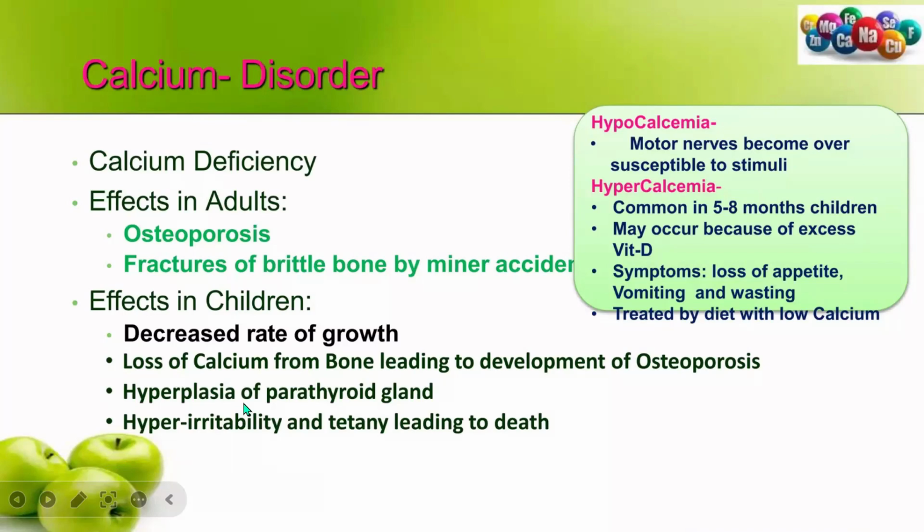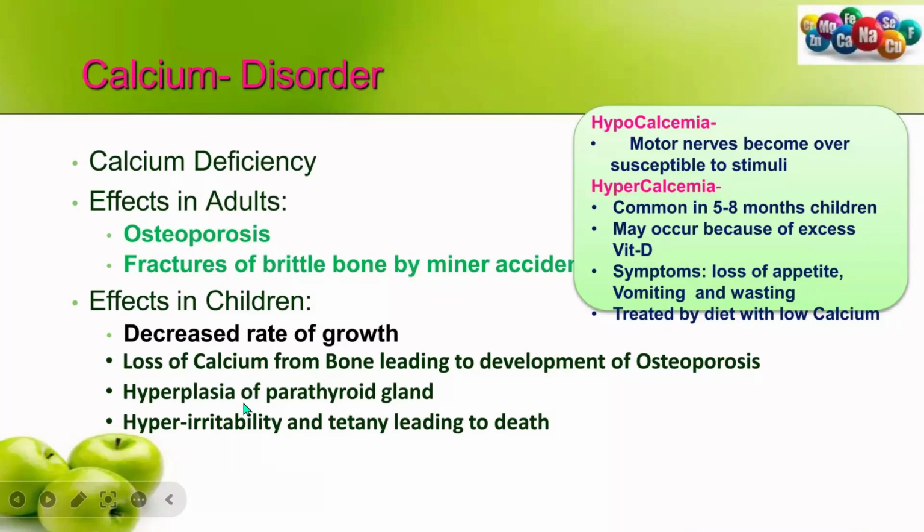In this case, the motor nerves become oversusceptible to stimuli. So with just a simple stimulus, the motor nerves can easily respond to it. Then there is also a problem when the calcium is high, and the condition is called hypercalcemia. It is common in children between 5 to 8 months.